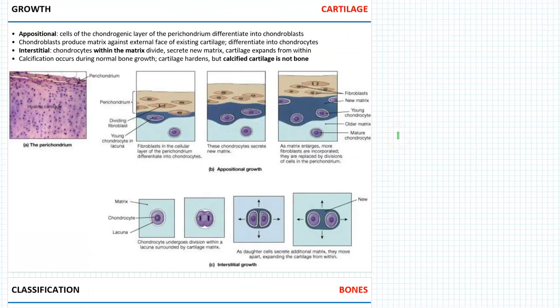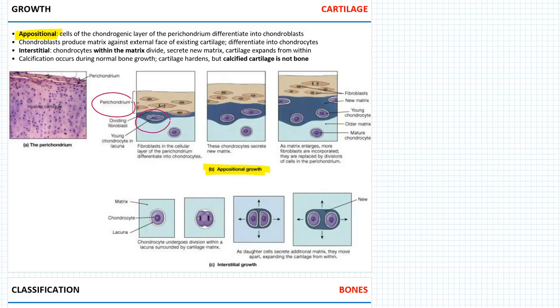So there are two modalities for the growth of cartilage. One of them is appositional growth. Okay. So in appositional growth, as you may actually see in these illustrations, you have chondrocytes located immediately next to the perichondrium.